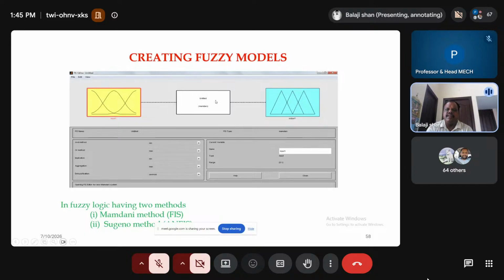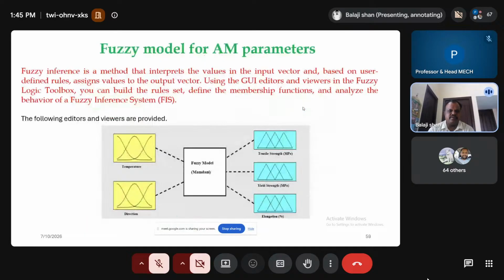Based on our input, you can increase the number of inputs, and based on the output, you can increase the number of outputs. For example, in this case study, I am taking two inputs and three outputs. One input is the temperature, and the other input is the direction. The outputs are tensile strength, yield strength, and elongation.